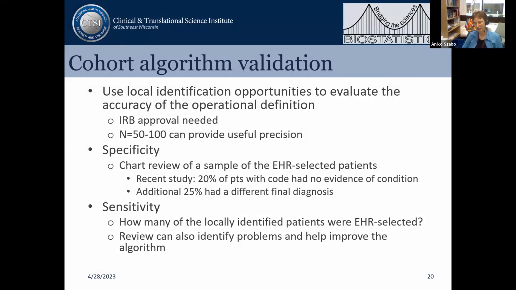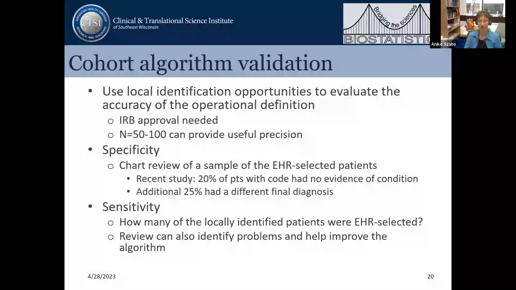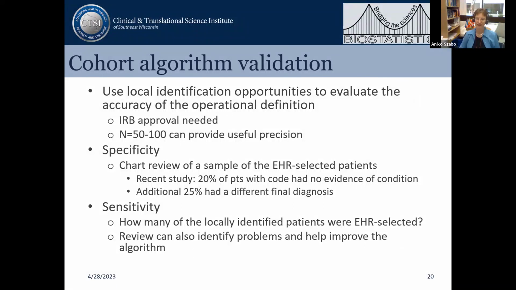It might not be an unbiased source, but still, if you can identify some patients in the chart review who should be eligible, one can check: were they picked up by the algorithm? That will allow sensitivity to be measured. If one does it really thoughtfully, this is a publishable thing.